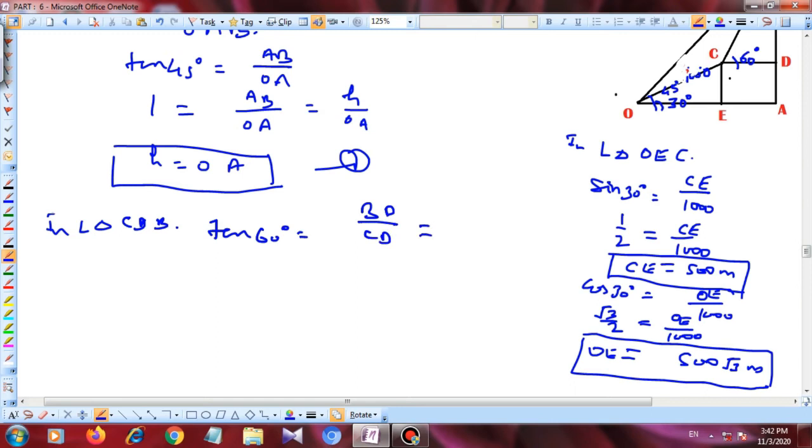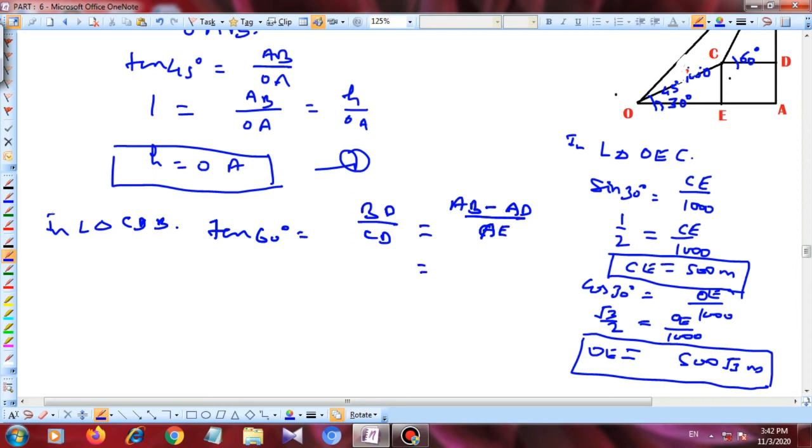BD is AB minus AD, upon CD, and CD will be AE. Clear?